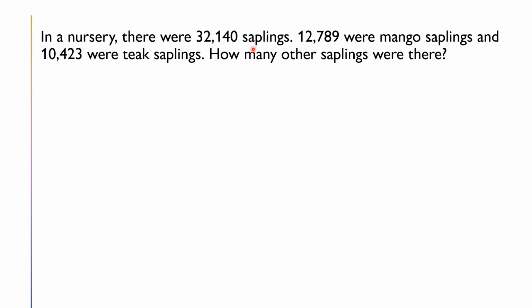From that, 12,789 were mango saplings and 10,423 were teak saplings. So we have to find out the other saplings in the nursery. As we have solved before, we will keep the biggest number, that is 32,140, as it is, and we will add the next two numbers.